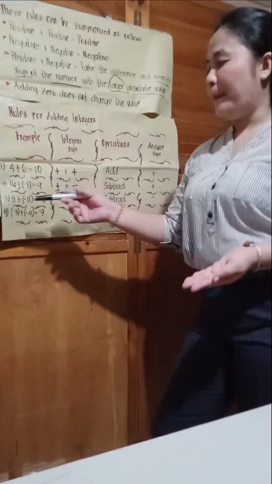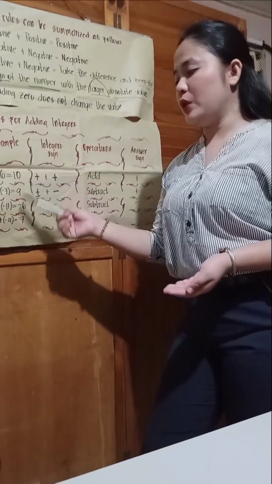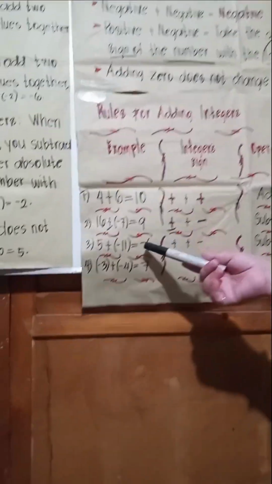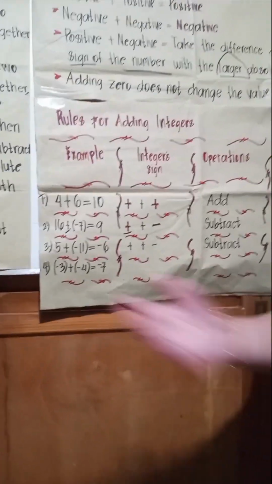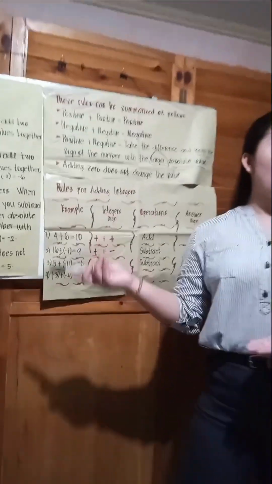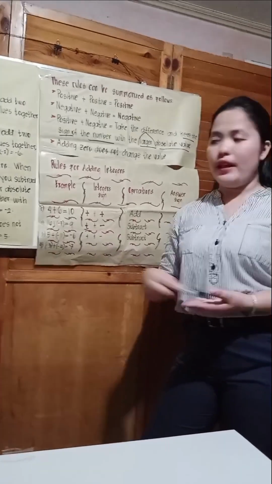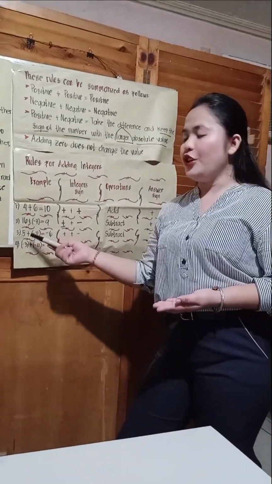Okay, number 3. Positive 5 plus negative 11 is equal to negative 6. So why is the sum of 5 plus negative 11 negative 6? Since the sign of 11 is negative, and this is the larger number.